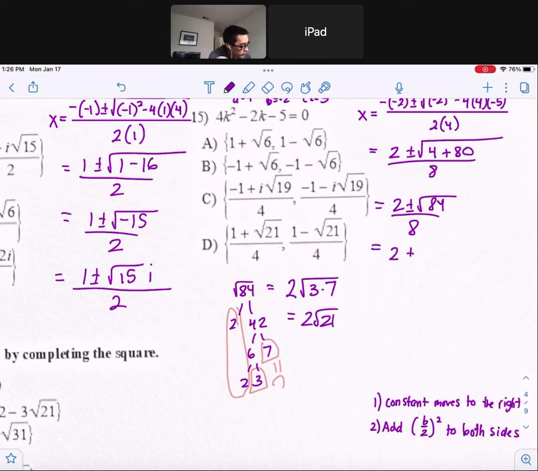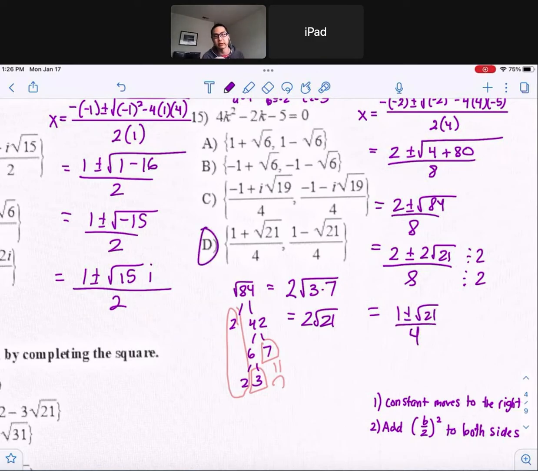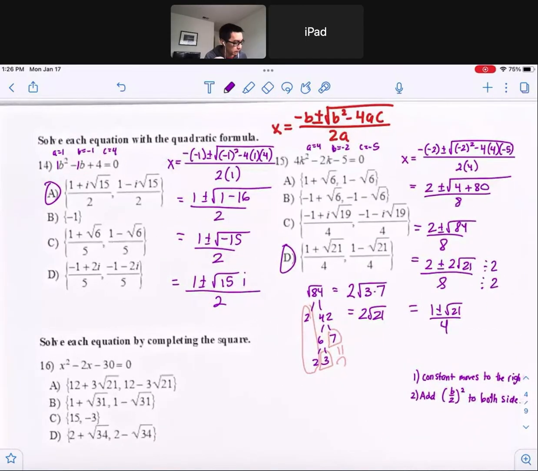Then notice this 2 and this 8, you could divide top and bottom by 2. 1 plus and minus the square root of 21 all over 4, which is going to be choice D. So that's your quadratic formula unit.